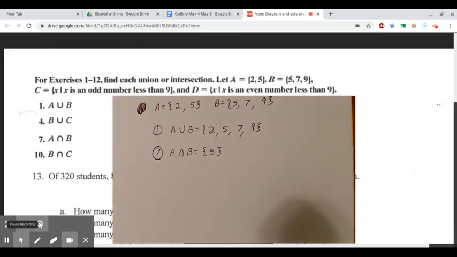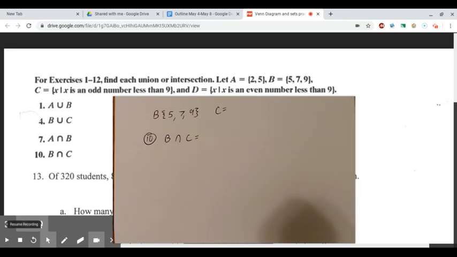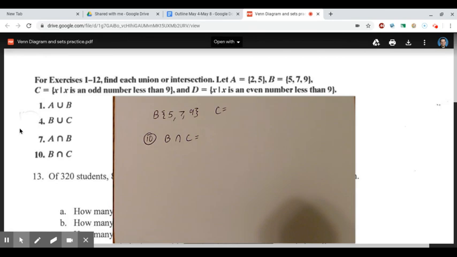All right, I'm going to jump down to number 10 now to finish up my examples for this group of problems. Now that I'm looking at number 10, what's going to happen is B is the set of values 5, 7, and 9. Now for C, it says, and I'm going to read this out loud, that X such that X is an odd number less than 9.